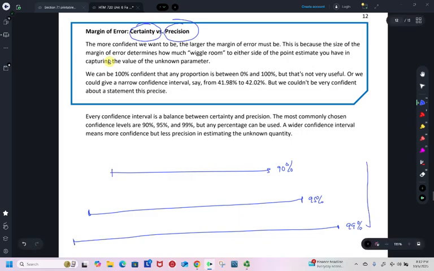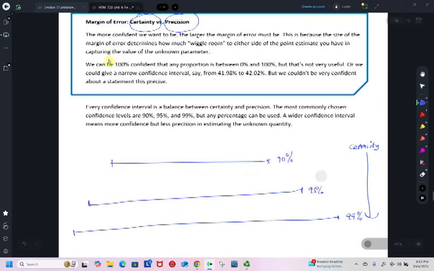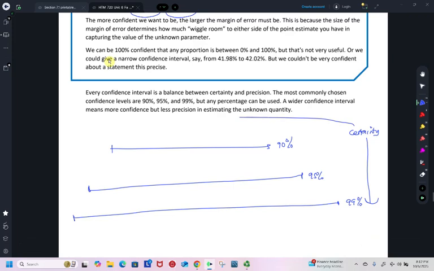So certainty increases in this direction: the more certainty that the interval will contain the unknown value of the population parameter. But certainty is a trade-off with precision. If we want to be precise, then we don't need a very wide confidence interval. We need a narrower one. So precision increases in the opposite direction.